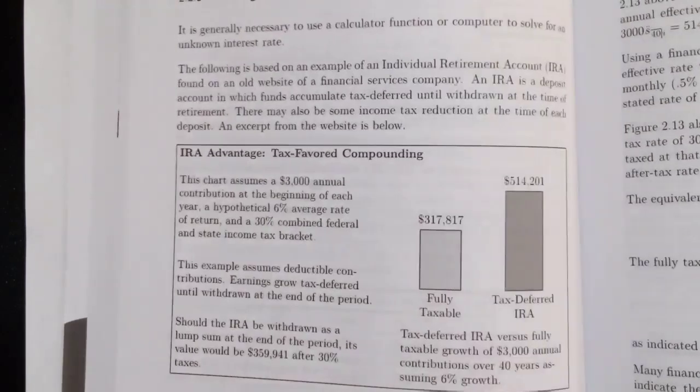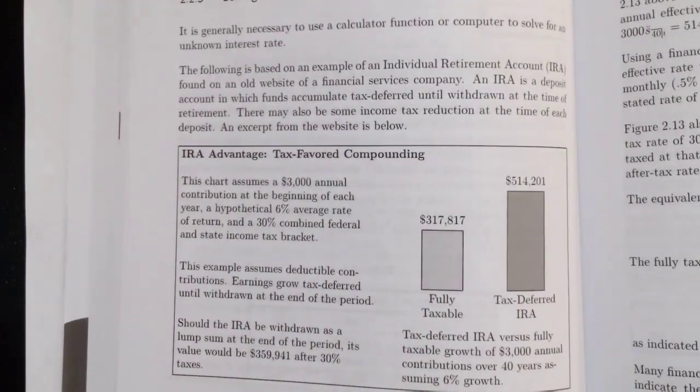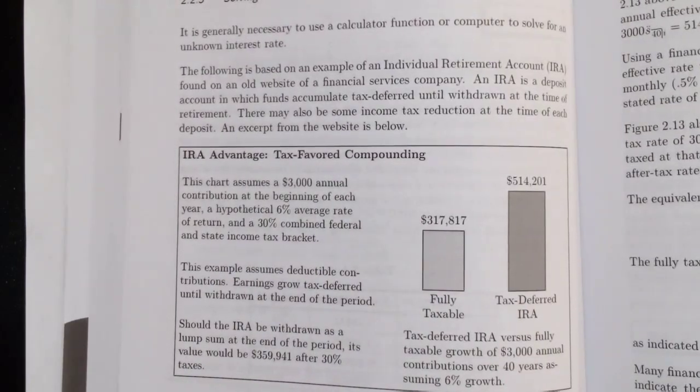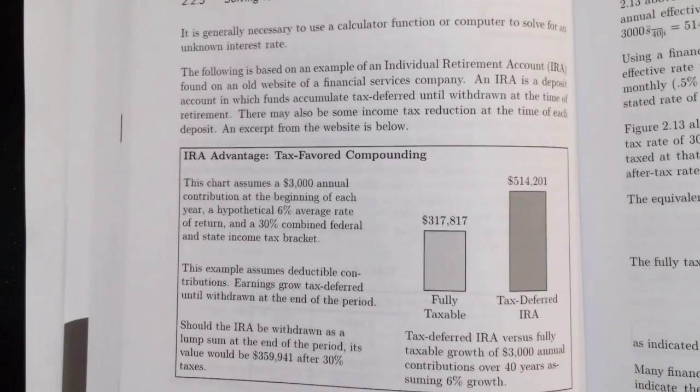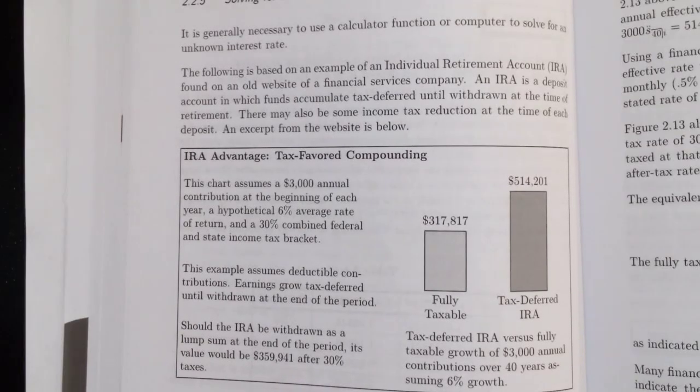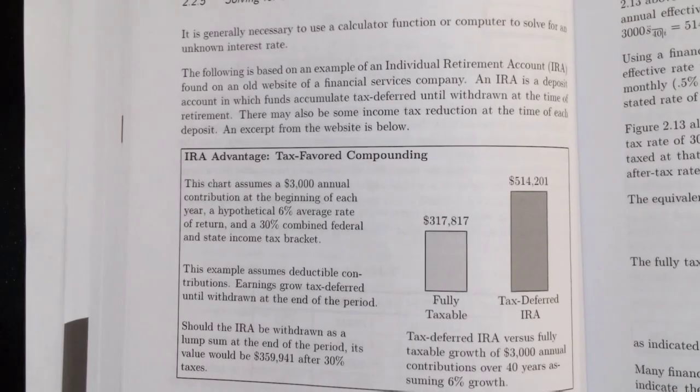Let's see if these numbers are 100% right. If I'm going to do that $3,000 deposit at the beginning of each year at 6% rate of return, is that ordinary or due as an annuity?